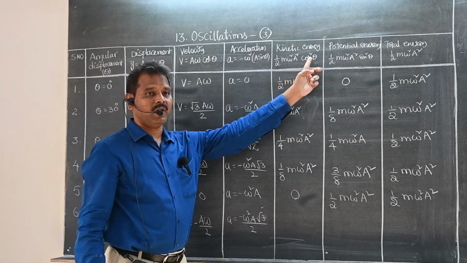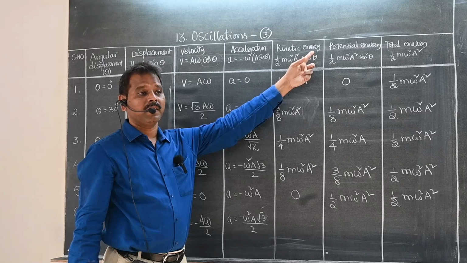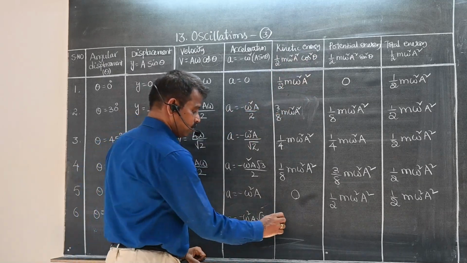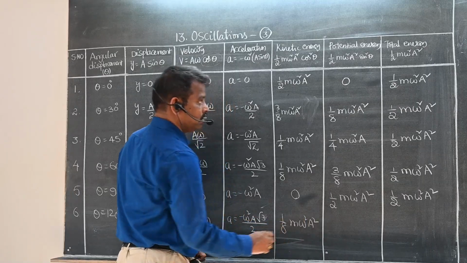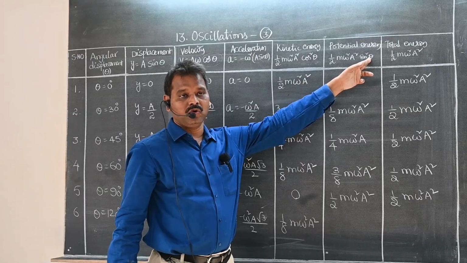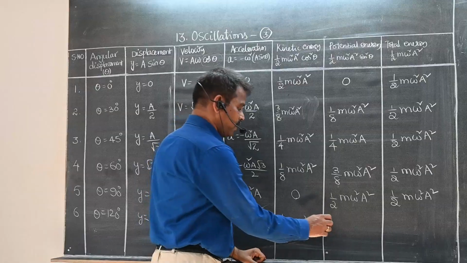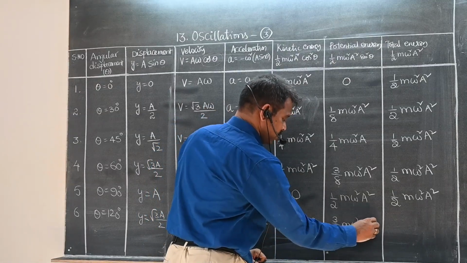Here cos 120 is minus 1 by 2, minus 1 by 2 whole square becomes plus 1 by 4, 1 by 2 into 1 by 4, 1 by 8 m omega square A square. Sin 120 is root 3 by 2, whole square is 3 by 4, 3 by 4 into 1 by 2 is 3 by 8 m omega square A square.